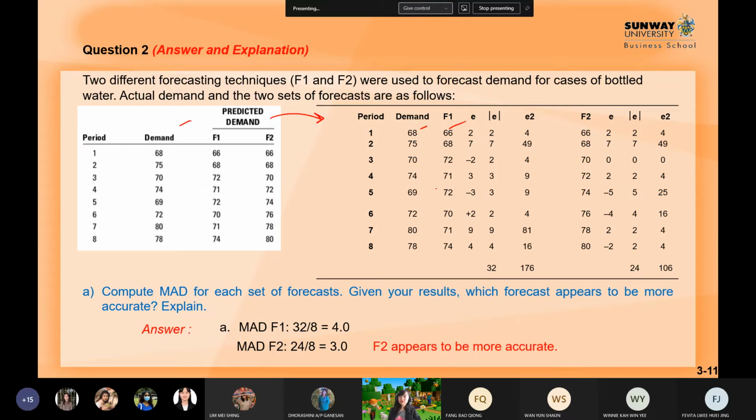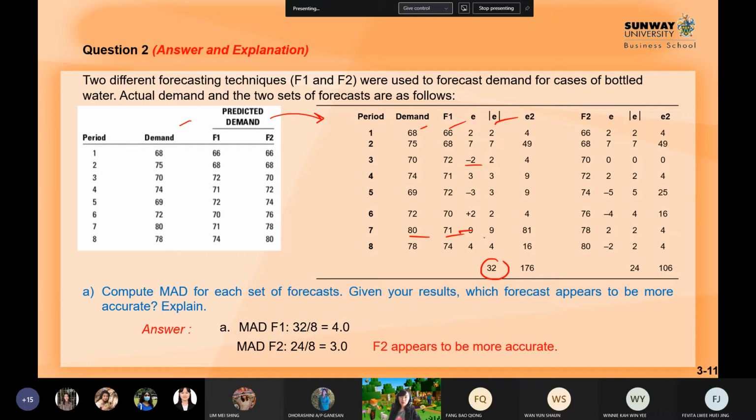How do you get the error? 68 minus 66 equals 2. 70 minus 72, so it's negative 2. And 80 minus 71 is 9. When you remove the negative sign, you have the sum of 32 error for technique number 1, F1.